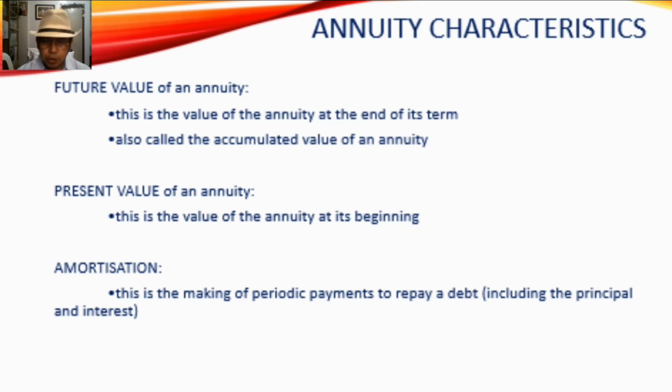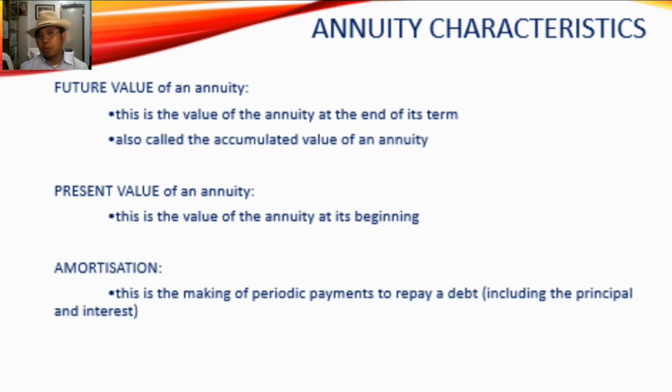Now another one is the present value. What is the present value? When we say present value, the question is, so that you will have this future value, how much would be the amount that you will be lending or investing today for you to earn this amount in the future?